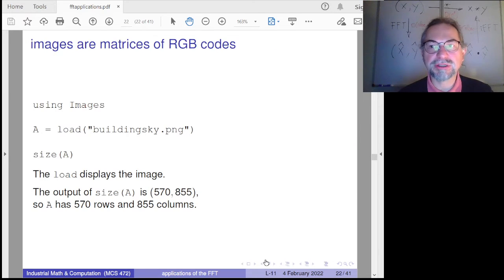with the Images package. The Images package is a large meta package. When you are installing it, you will see that it will also install various other packages. For our purposes, it is fine to start like that. So we will be using Images, and here I called the name of the file building sky, and the extension is PNG, a portable image format.